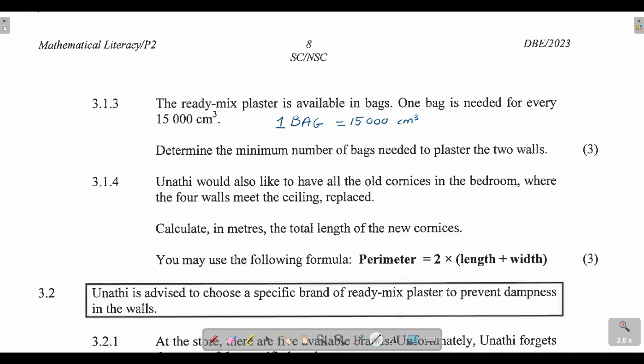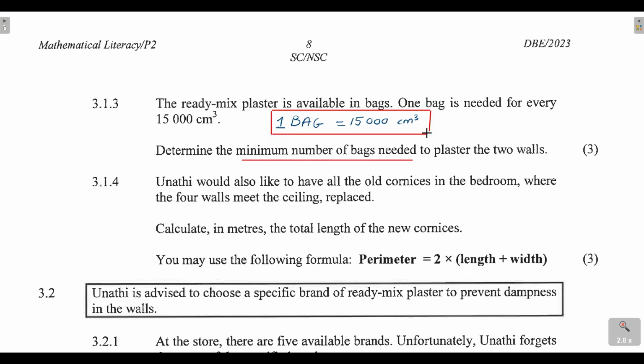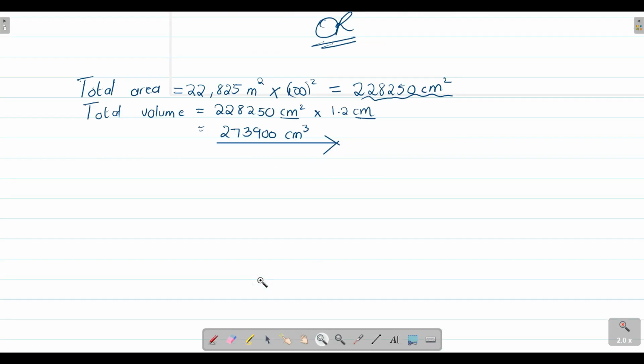This is going to help us when we have to determine the minimum number of bags that are needed to plaster the two walls. So we're going to use this equation to help us get to that answer. We've already established that the volume of the plaster needed for this wall is 273,900 centimeters cubed.